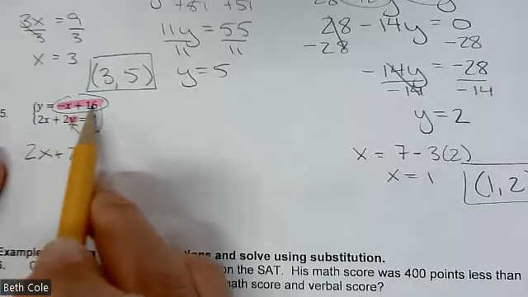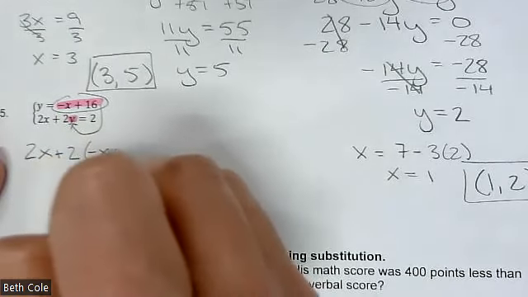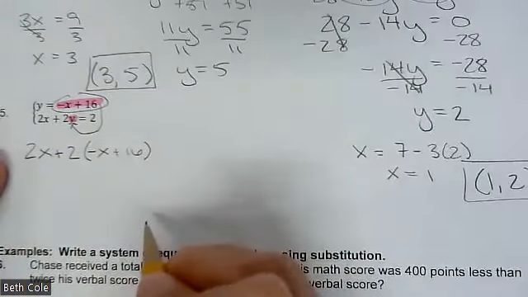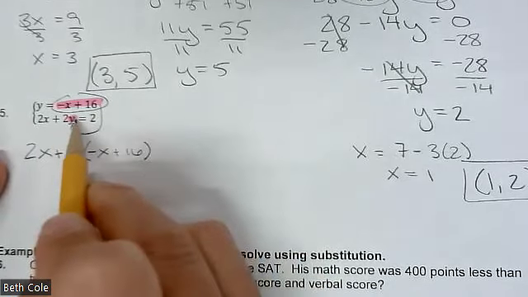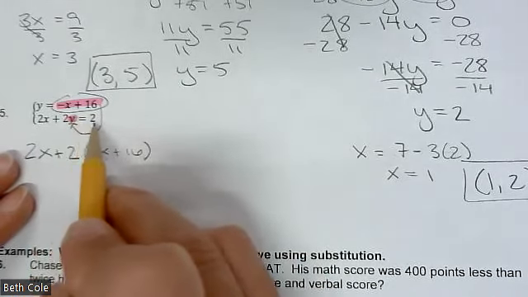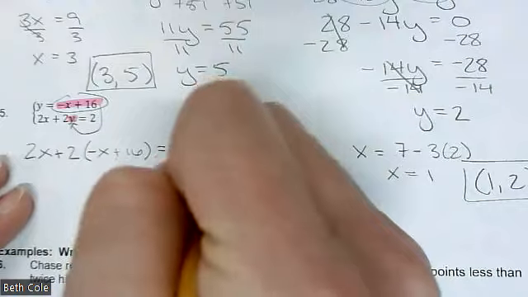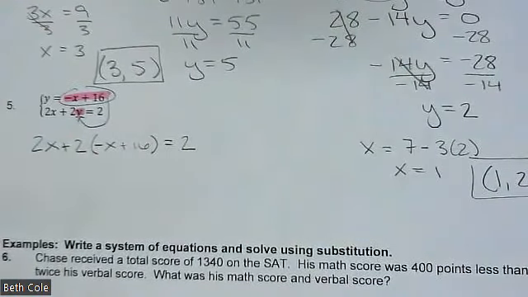Negative x plus 16. Put parentheses around it. So we took all that stuff, substituted it in for y, and then equals 2. And then you're just going to solve that.